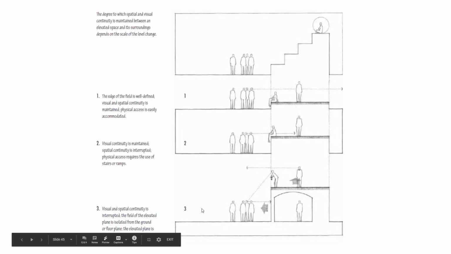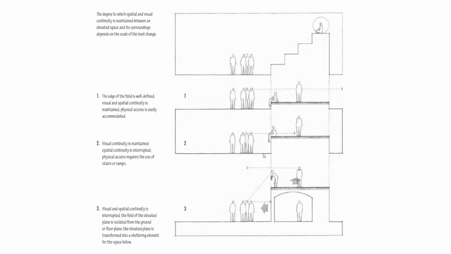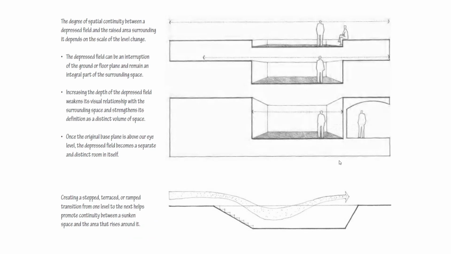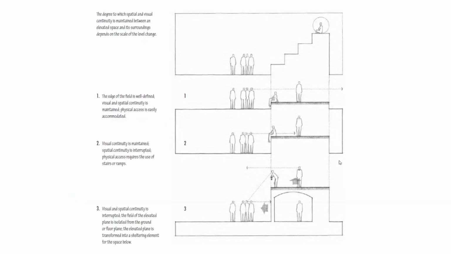And then for the third, visual and spatial continuity is interrupted. The field of an elevated plane is isolated from the ground or floor plane, and is transformed into a sheltering element for the space below.